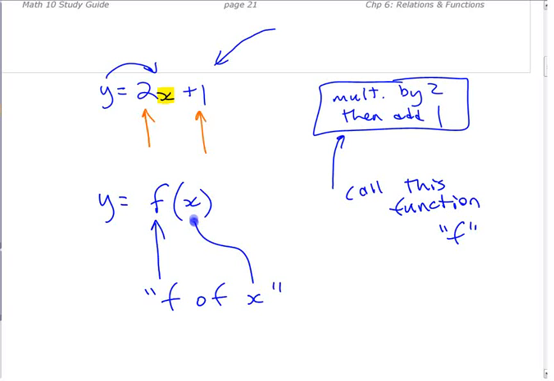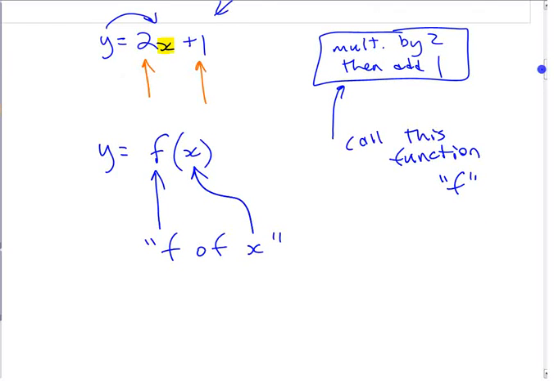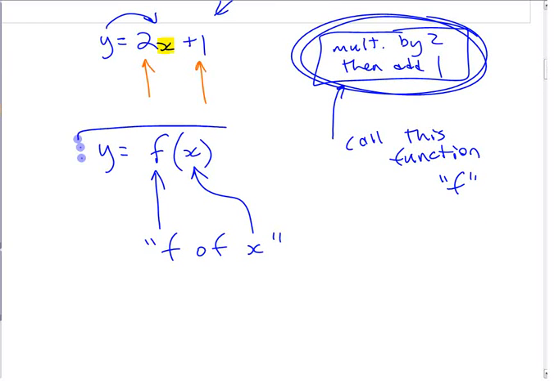Okay? It means take the x and apply this rule to it. That's what this notation means. All right? So you might say y equals f of x, and f of x is that particular rule. Okay? All it is, is giving a name, giving a letter.